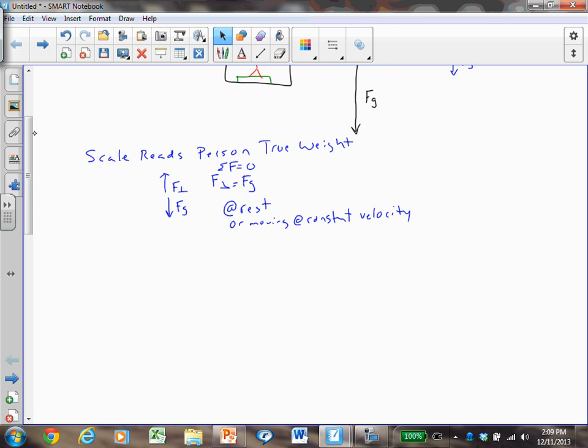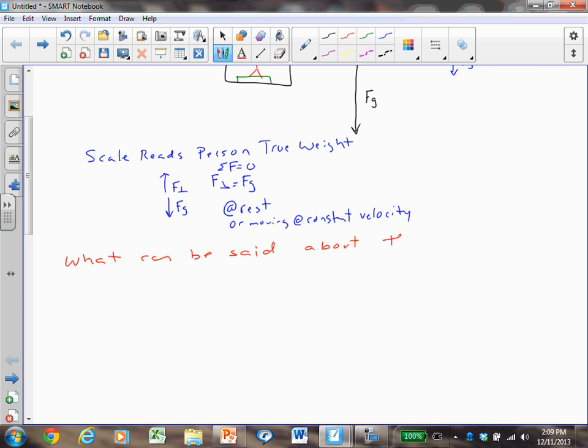Okay, so now what can be said about the motion of the elevator if the scale reads more than the passenger's true weight?